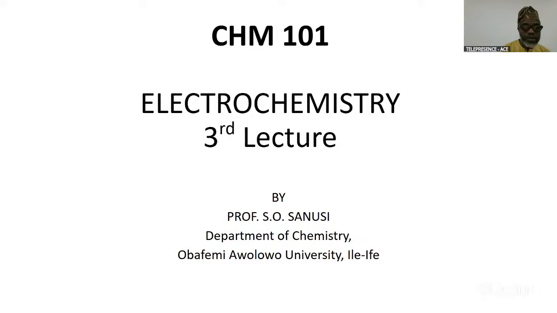You also have the alkaline cell, in this case KOH or sodium hydroxide as the electrolyte, while zinc is still the anode. We also have the magnesium ammonium chloride or alkaline dry cell.